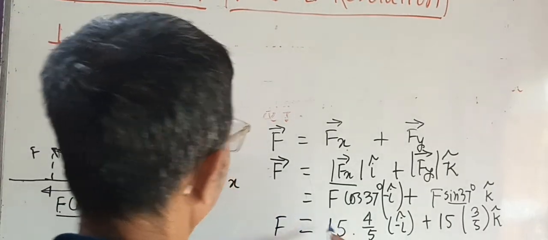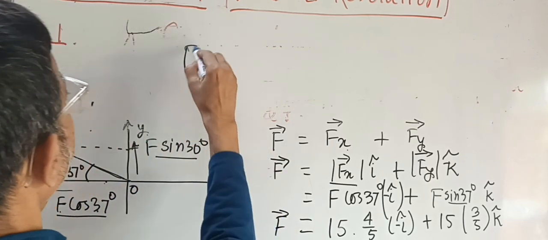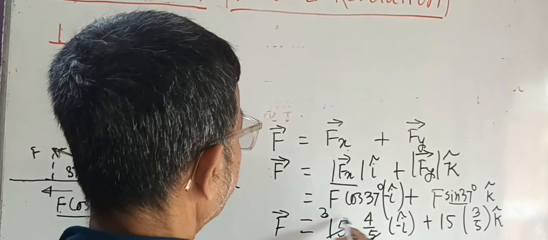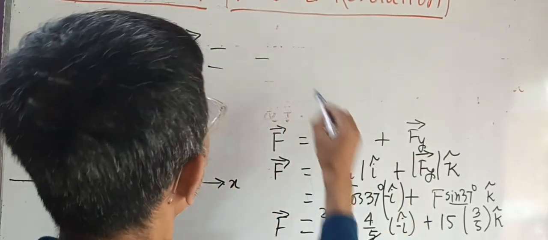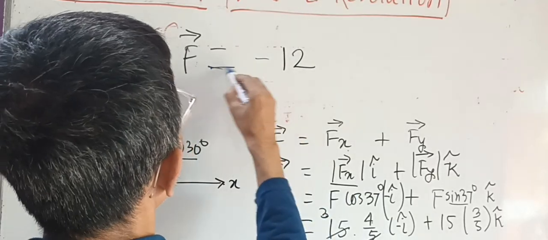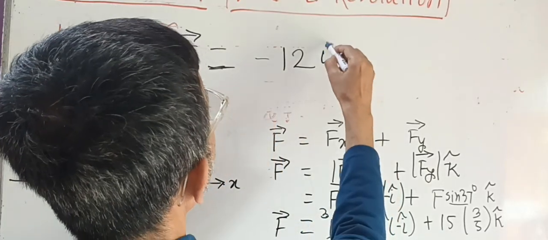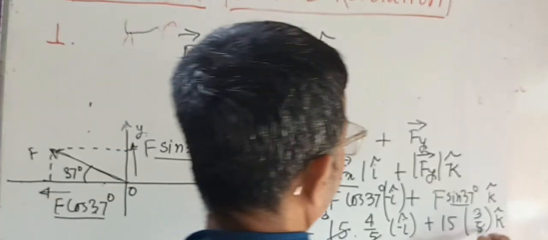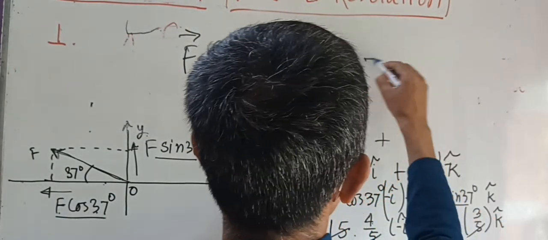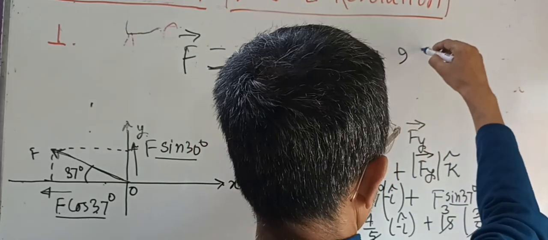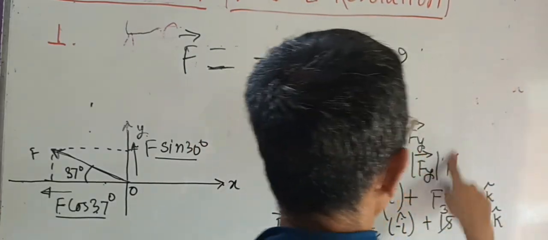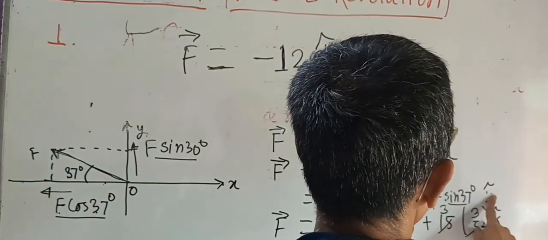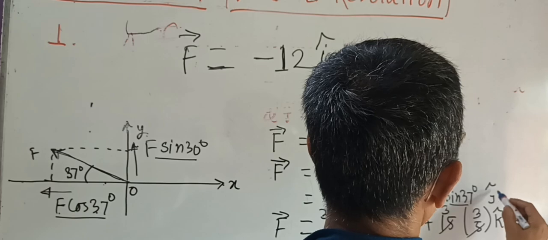So it would be, after simplifying, 5 goes 3 times, 3 into 4, minus 12 i cap. 3 into 3, plus 9, actually along the y-axis, not k cap, along the y-axis j cap.